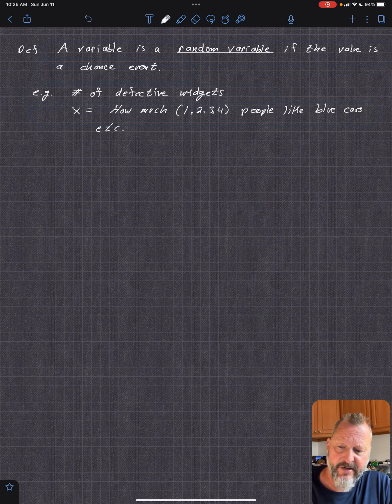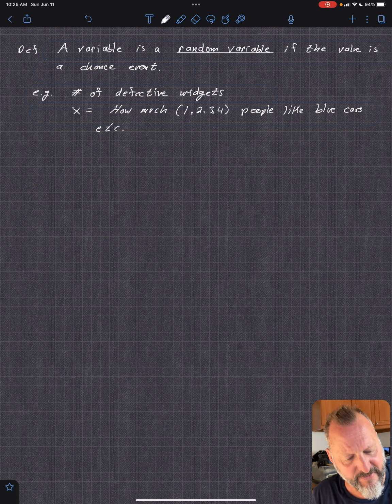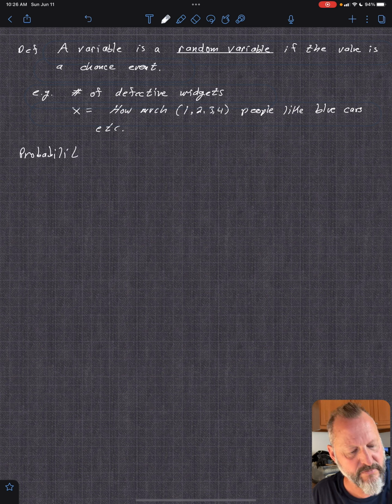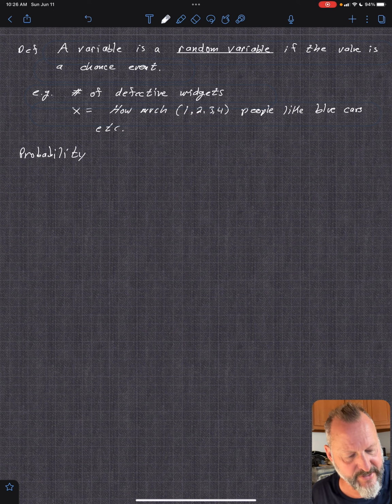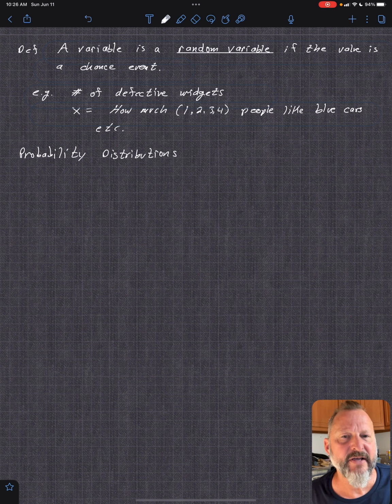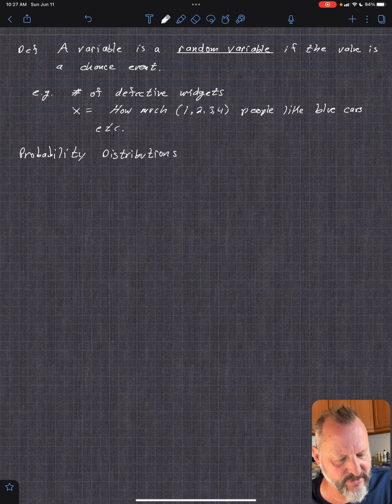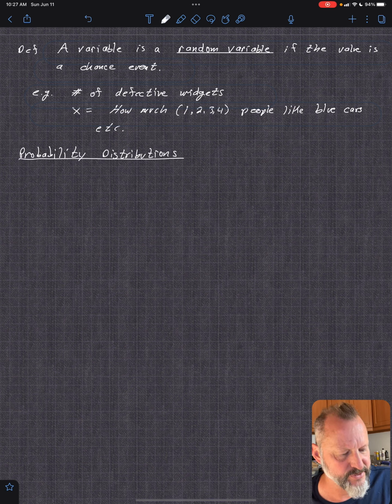All right, so then we look at next the probability functions, so probability distributions. And really, that's what we'll be looking at for a while, the different probability distributions.